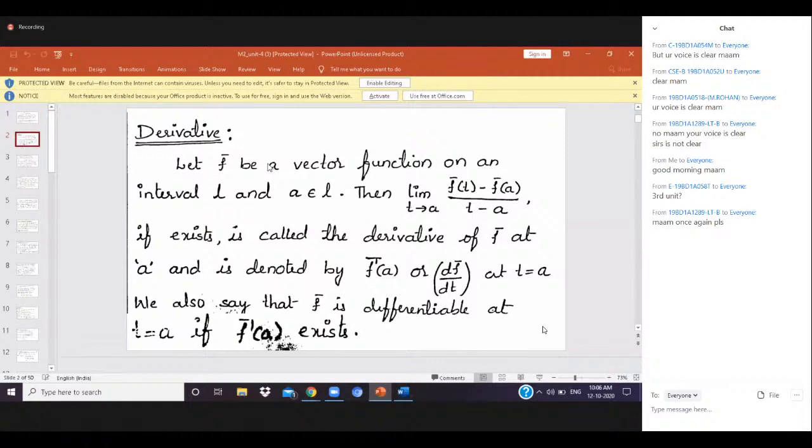Next, the derivative: how to differentiate a vector. Here f bar is a vector and I is an interval, and A belongs to that interval.